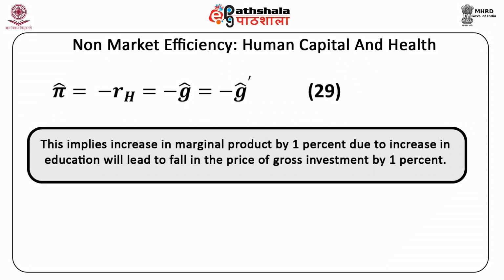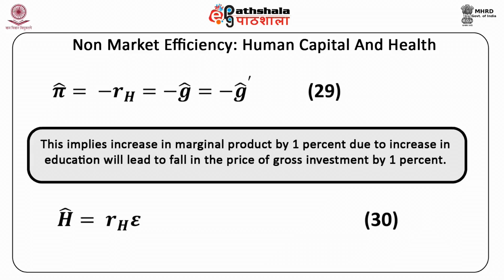The corresponding increase in health demand is given as H hat is equal to RH into epsilon. Equation 30, where RH measures the percentage increase in gross investment due to an increase in education. But this will not affect the medical care demand or own time if H hat is equal to RH.